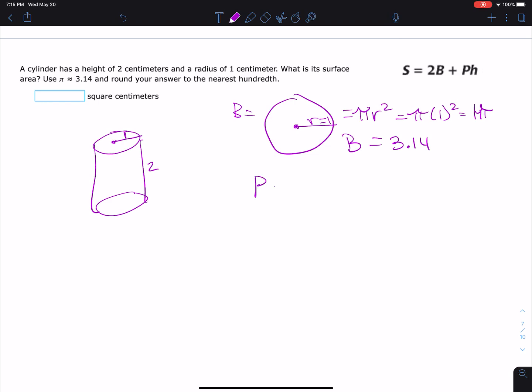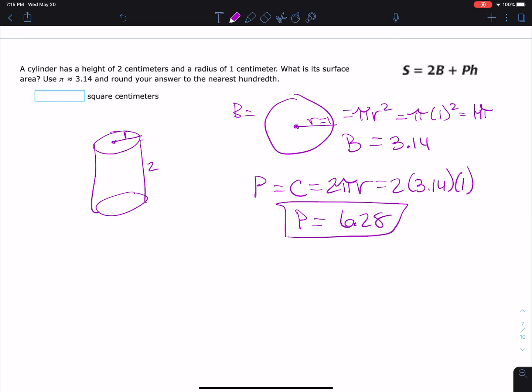Now perimeter is circumference because it's a circle, and that would be 2 pi r. So that's 2 times 3.14 times r, which is a 1. Okay, so that would turn into 6.28. All right, we've got P, we've got B, and we've got our H. It's over here. It's on our picture.